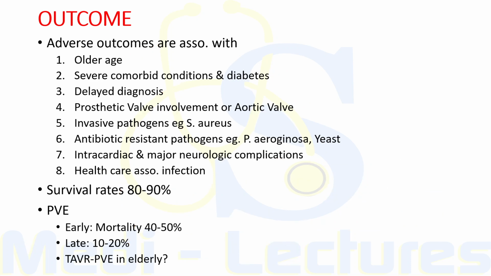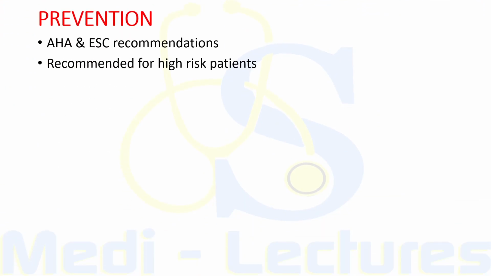Let's come on to the prevention. So American Heart Association and European Society of Cardiology recommendations for prophylactic antibiotics for high risk patients are there. So these antibiotics are recommended only for high risk patients. What are the high risk patients?